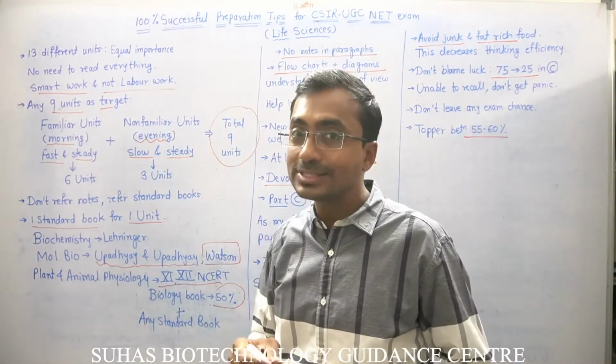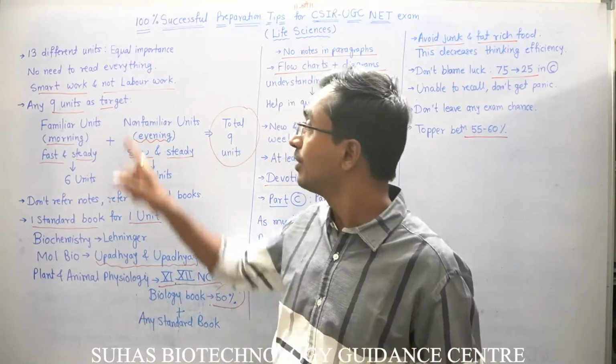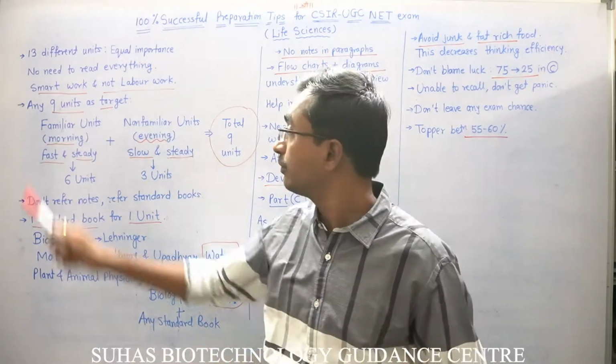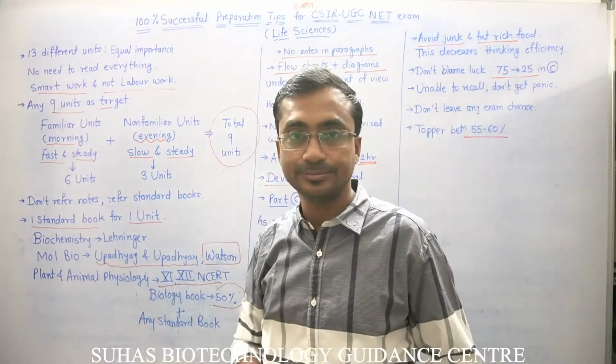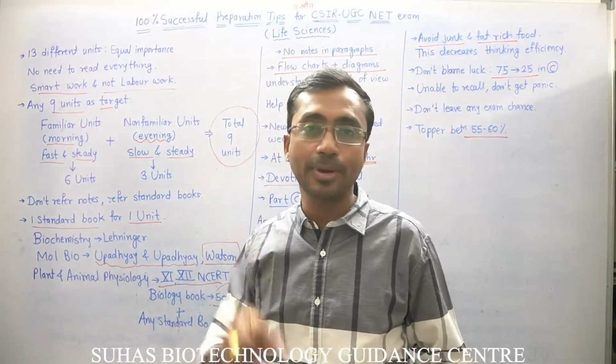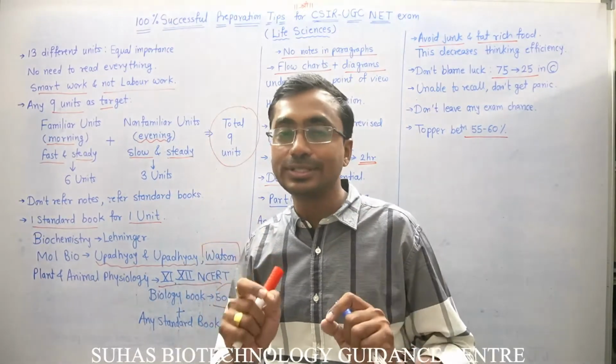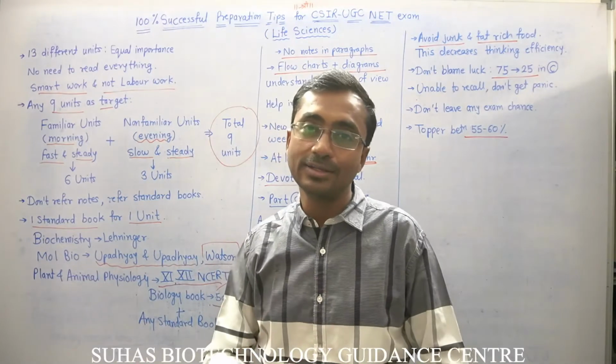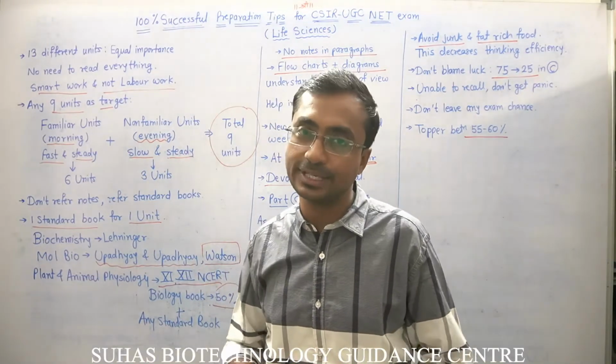Reason: this is not the era of labor work, it is the era of smart work. Keep in mind, simply 9 units can make you qualify the CSIR UGC NET exam in life science.